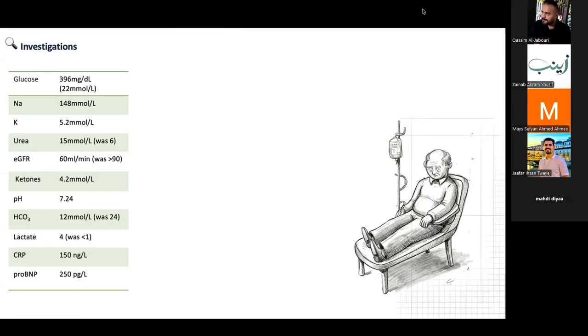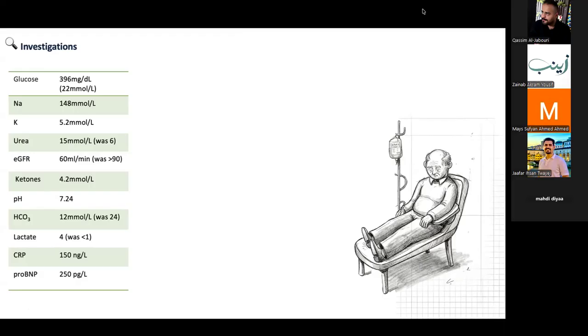So this is an elderly patient. He has type 2 DM and he had surgery 2 days ago. His Glasgow Coma Scale is 12 and he is deteriorating and vitally unstable. Regarding his random glucose, nearly 400, his pH is 7.2, HCO3 less than 18.